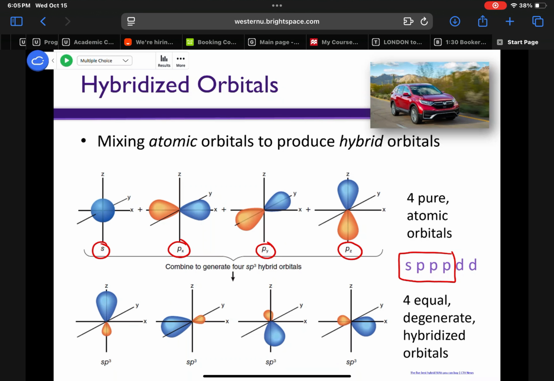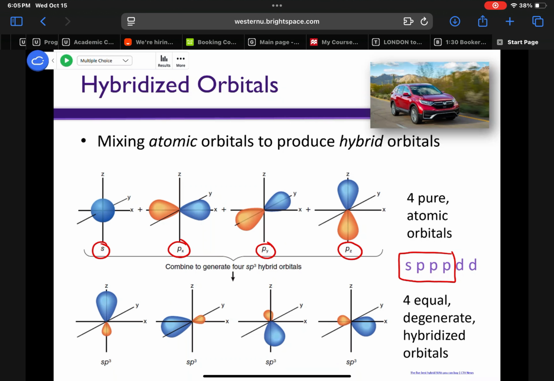And I shake it up, and my magic hybridizer turns this into 4 hybridized orbitals. They are the same size, the same shape, the same energy, so they're degenerate, and they look the same. They have a big lobe and a small lobe. That's in contrast to p orbitals that were symmetrical. These ones aren't symmetrical. I have 4.